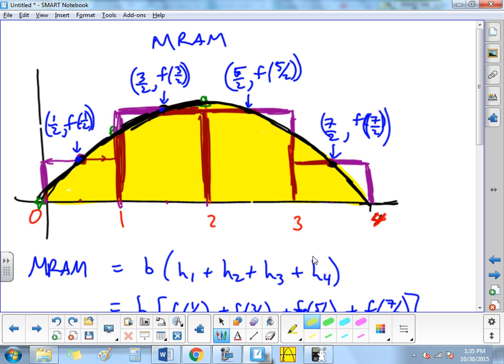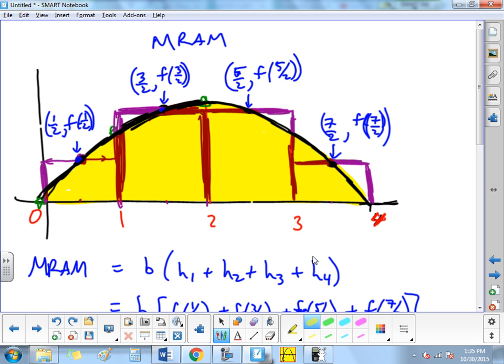Now, if I stick to this rectangular approximation method, how could I increase my accuracy? Yes? Increase the number of rectangles? Yes. If I were to do 6 rectangles, my errors would be less. And it'd be a lot more work. 4 was enough work, don't you think?